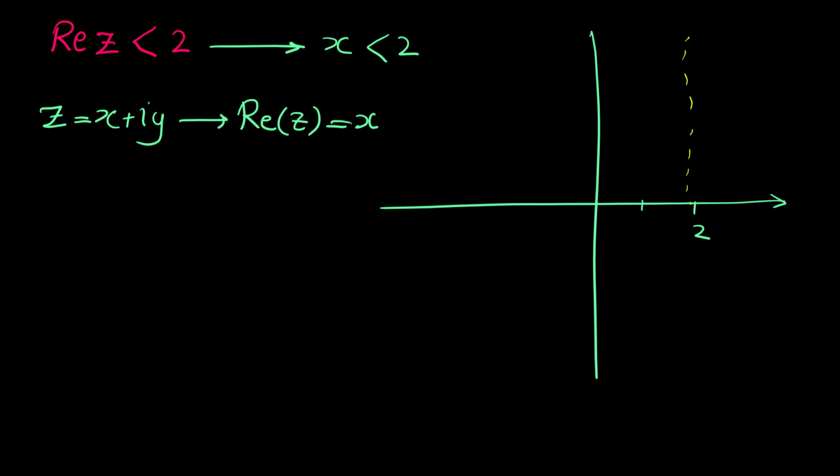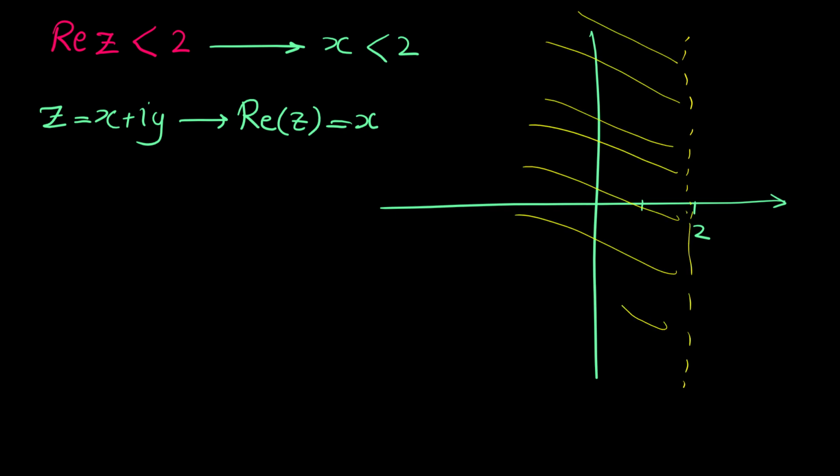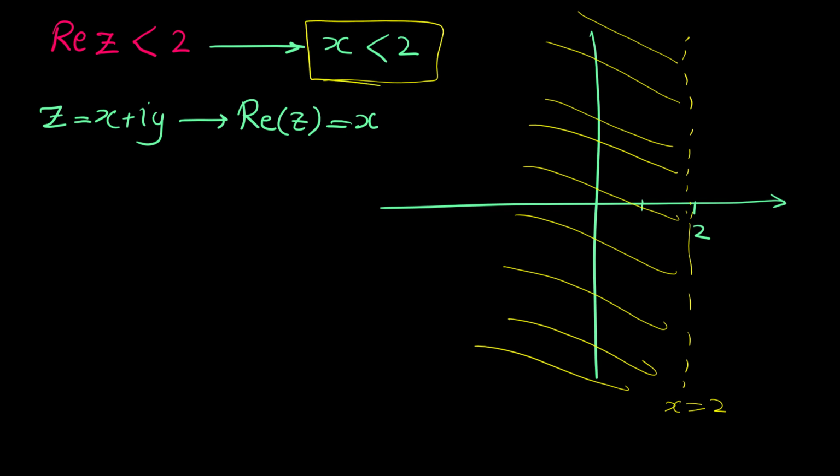The points with x less than 2 are the points on the left side of this vertical line. This vertical line is x equal to 2, but we want only x less than 2. So only the points on the left side of this vertical line are the region for this question.